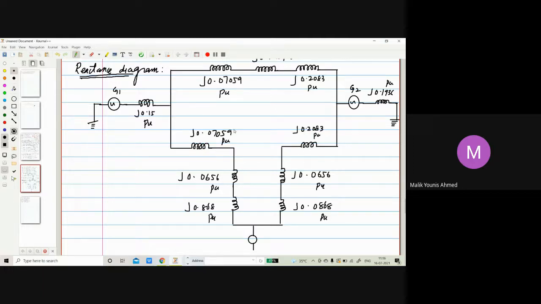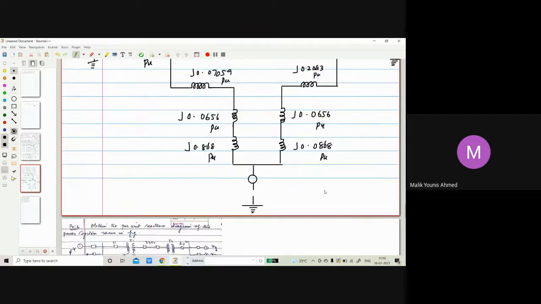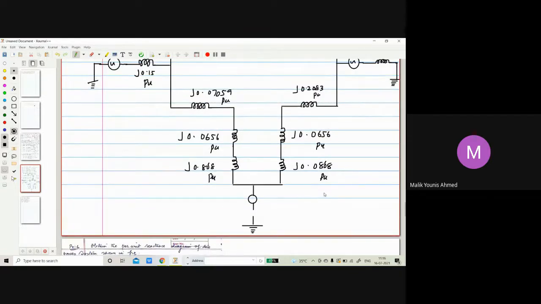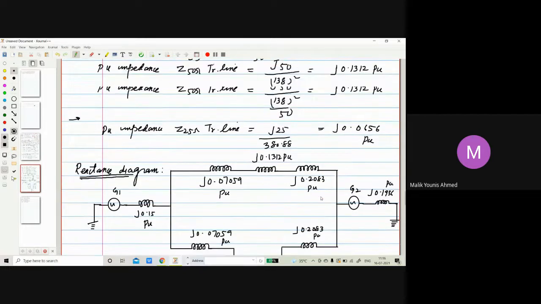Grounding has to be there after every voltage source. Last is generator G3, with reactance J2.2240 per unit. So this is the perfect way of drawing the reactance diagram.